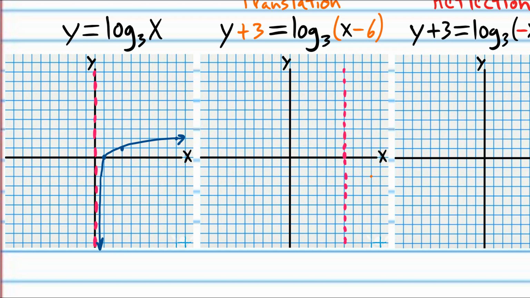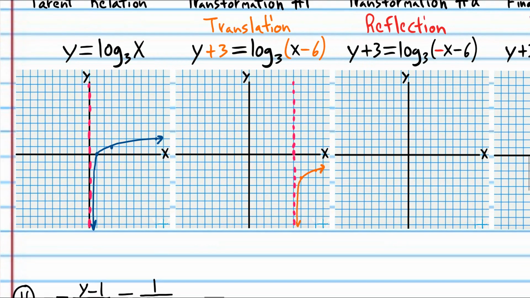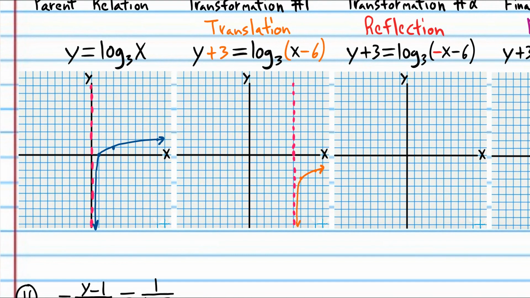So we get there. And we can see that this point went there. And we can see that this other point is 2 units to the left and 1 unit down. So I'm going to connect the dots, and that's it. So we have that graph.